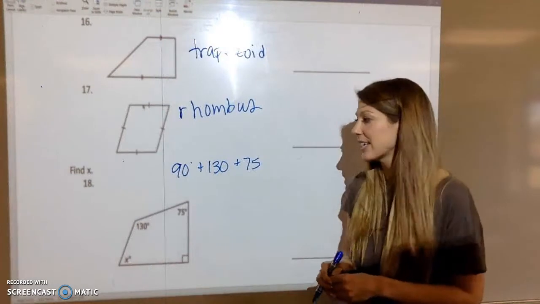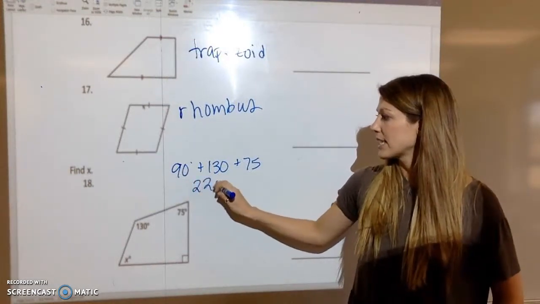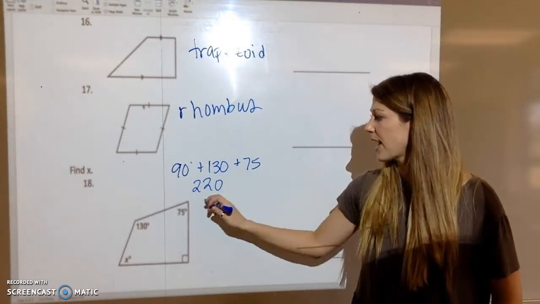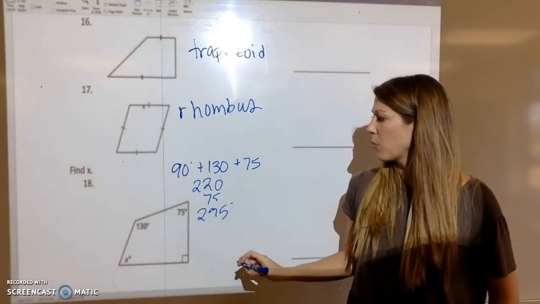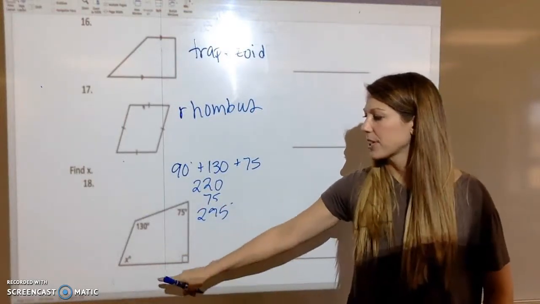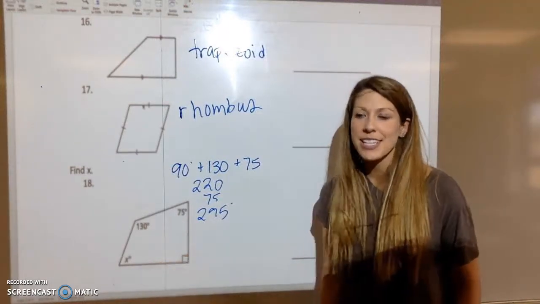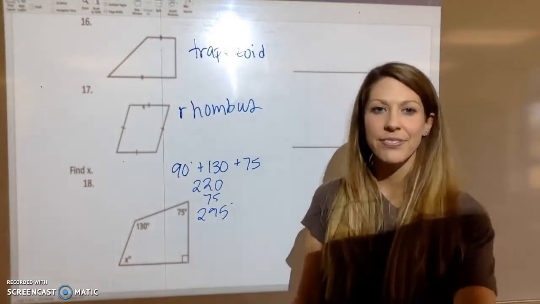Okay, so let's add those together. 90 and 130, that's going to make 220. And then plus 75, so now we have 295. But we wanted all of our angles to add up to 360, so we have to ask ourselves what's left for x. So 360 minus 295 is 65 degrees.